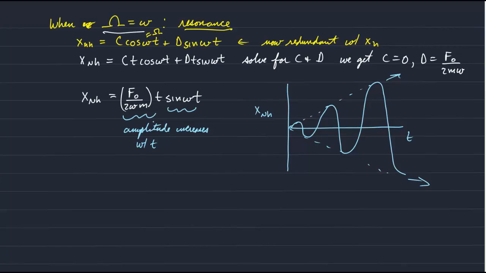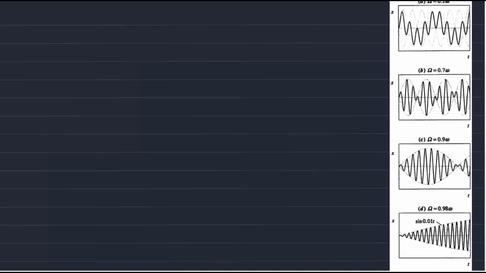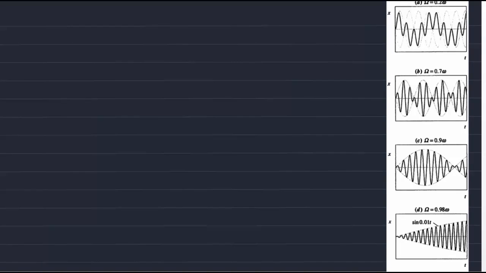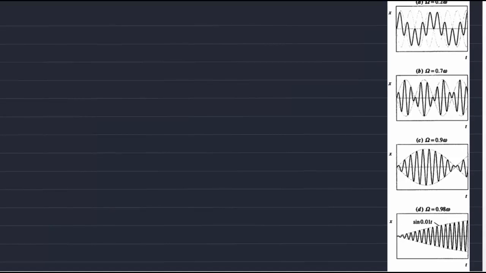Okay, so now we've looked at the case in which the driving frequency is equal to the natural frequency of the system.